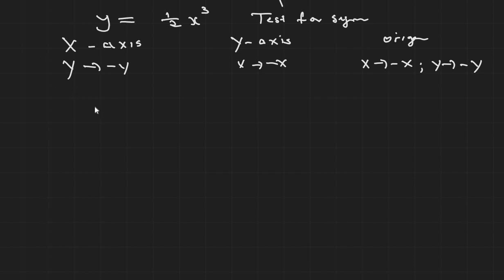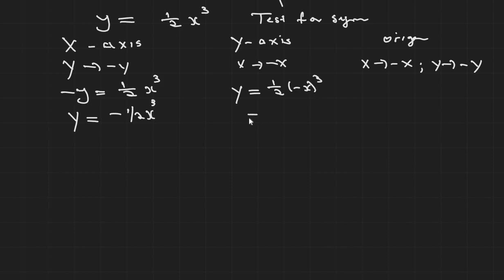So negative y is a half x to the 3, so y is negative a half x to the 3. Going to the x-axis, we find y is a half negative x to the 3. And again, we get the negative of the original, telling us this graph is odd.